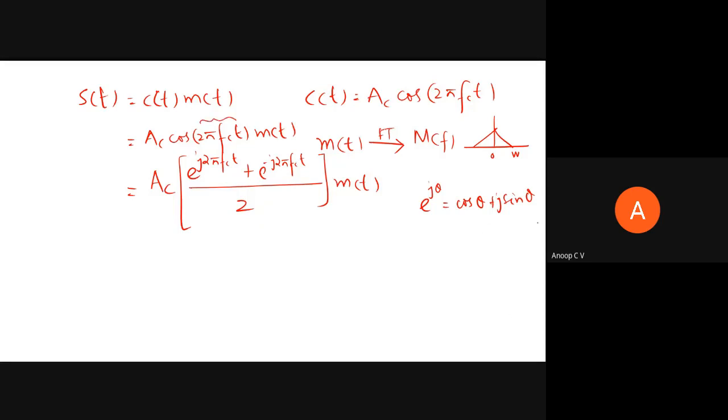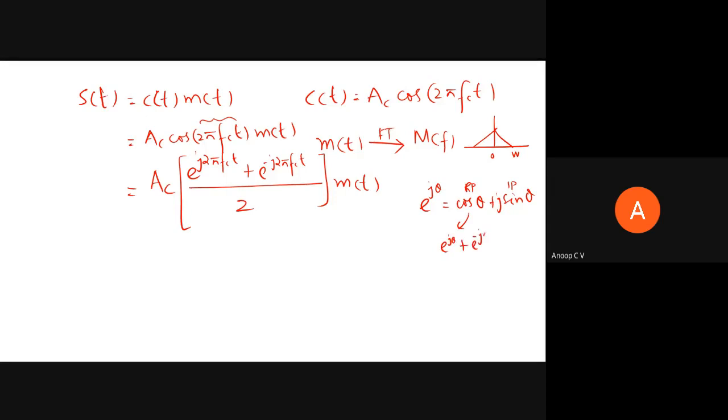So e power j theta is cos theta plus j sin theta. This is a complex number with real part cos theta and imaginary part sin theta. If I should get cos theta, the real part, what I should do is add the complex number and its complex conjugate.